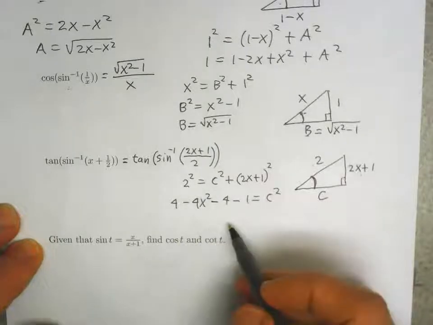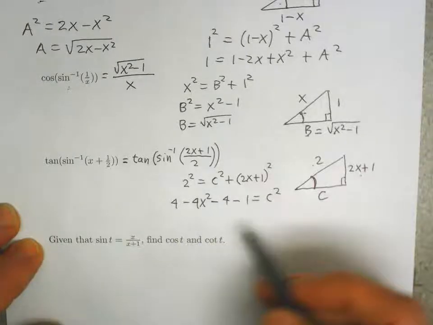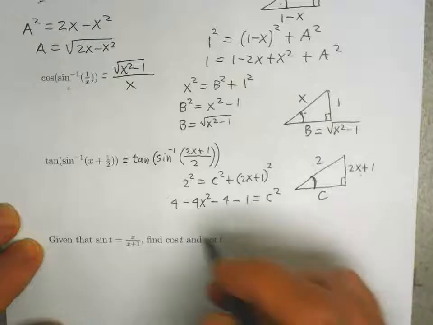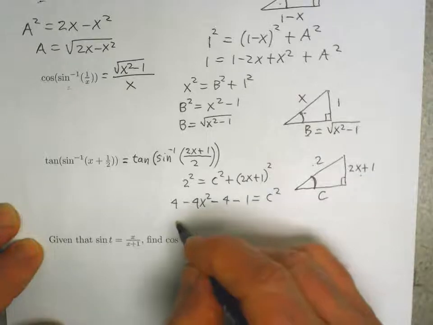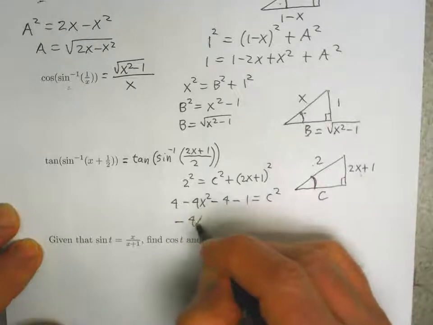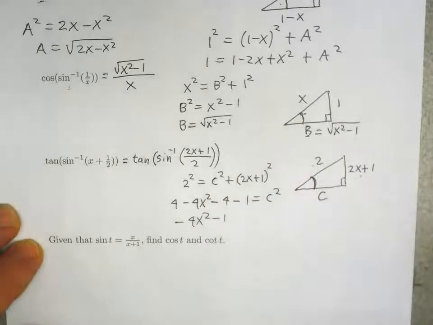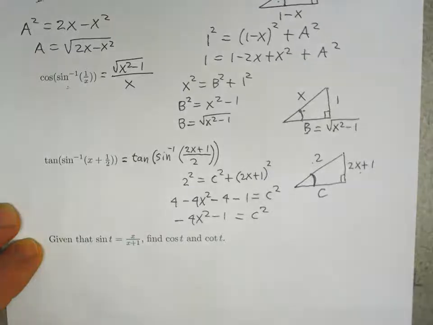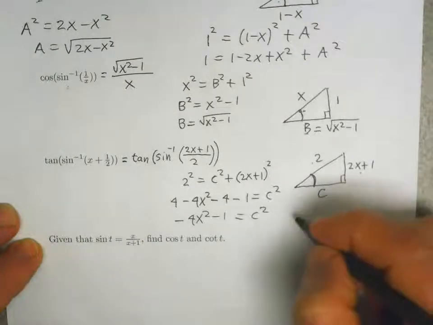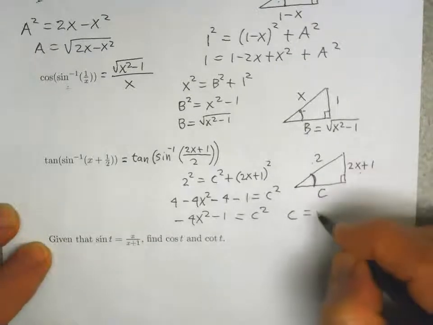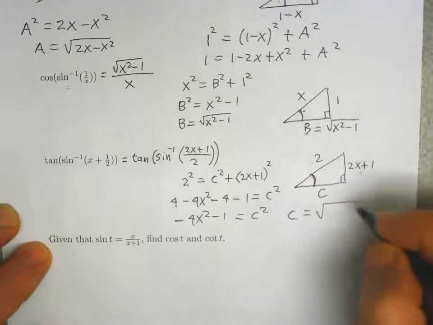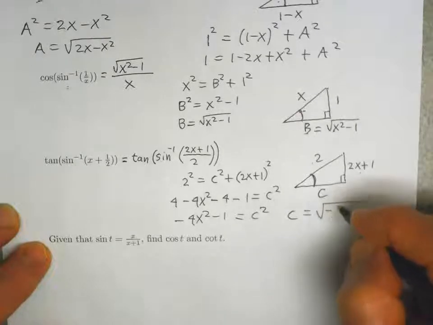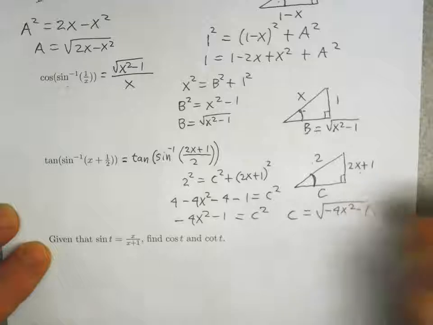So when we simplify this, we get negative 4x squared minus 1 equals c squared. So we take the square root, negative 4x squared minus 1.